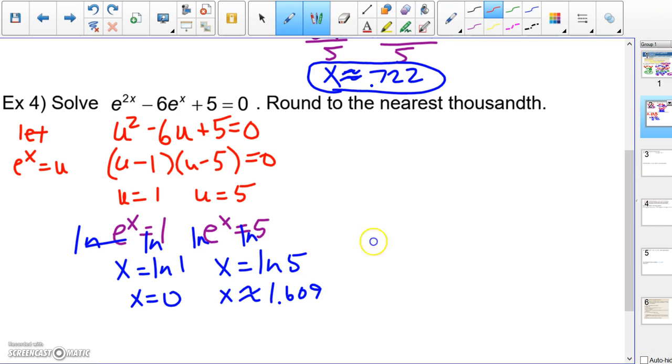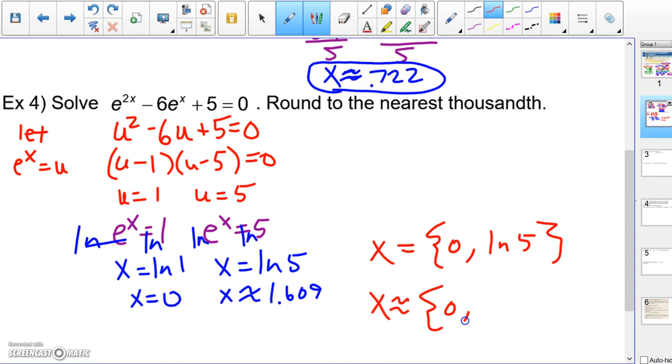So if we were given the exact answers, we would say x is the set of 0 and natural log of 5. But since they said round to the nearest thousandth, we'll say x is approximately 0 and 1.609.